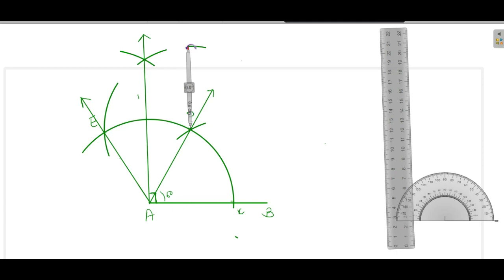Remember we have not changed the radius, so we are now drawing an arc. Now we will place the metal pointer at this point and draw another arc.